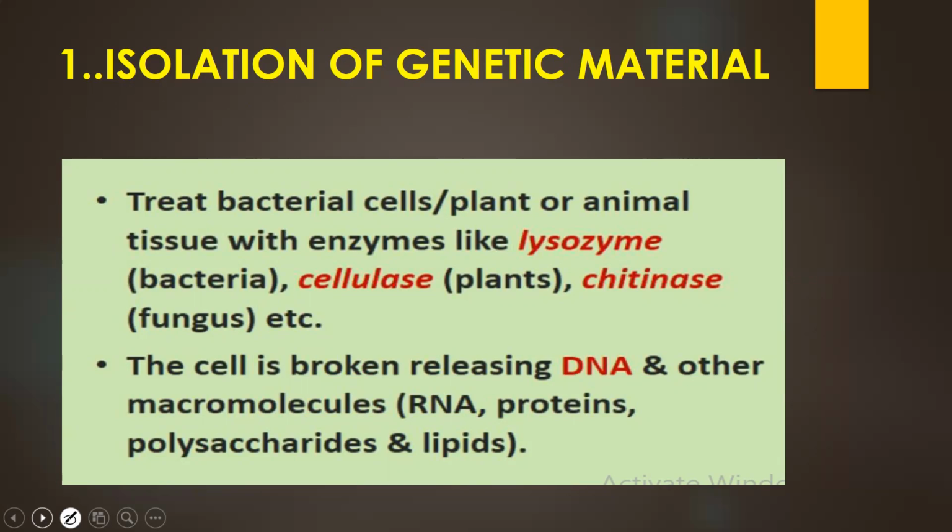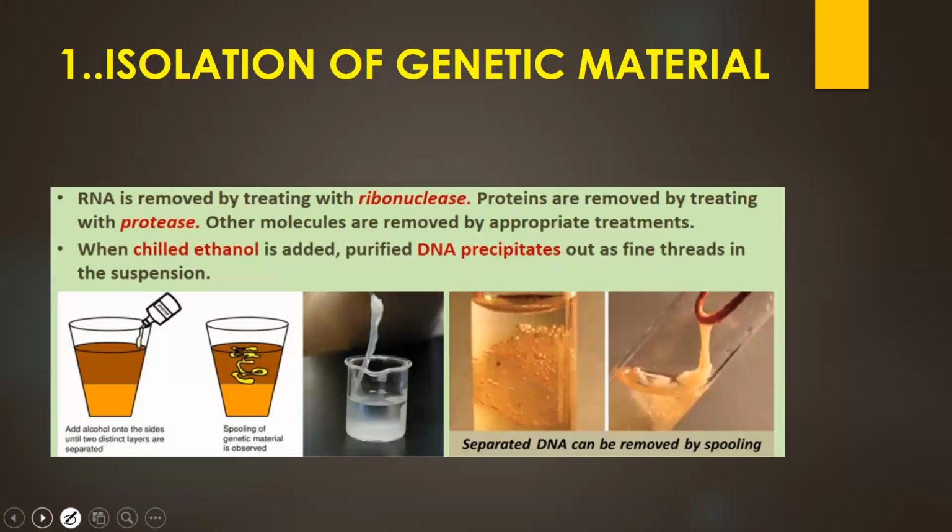Now, a bacterial cell is treated with enzyme lysozyme, plant cell is treated with enzyme cellulase, fungal cell is treated with chitinase because the cell wall is made up of chitin. RNA is removed by treating it with enzyme ribonuclease, and the proteins are removed by treating it with protease.